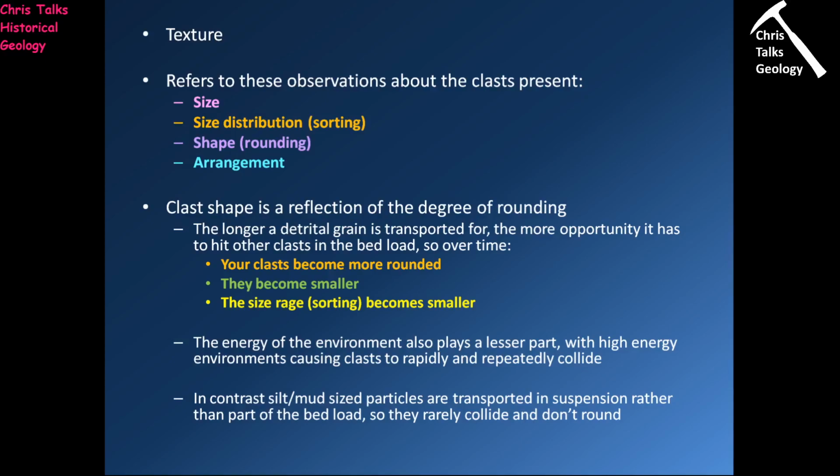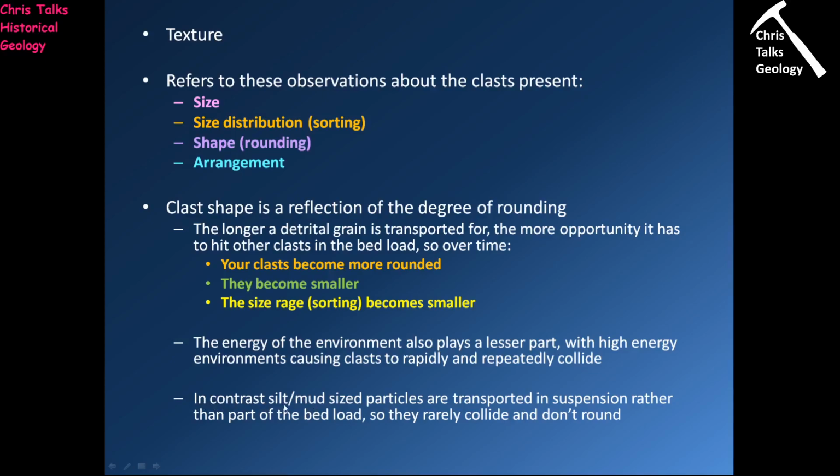And so this means that these high energy river sediments will contain quite coarse clasts, but those coarse clasts will often be quite well rounded because of the energy, meaning there are so many impacts. In contrast, silt and, that should say clay, I don't know what was going through my head.